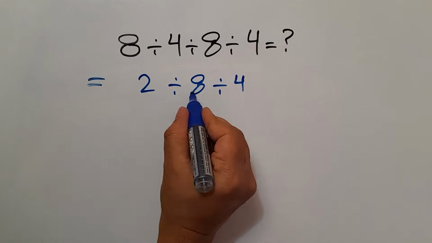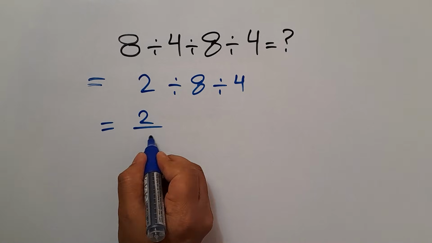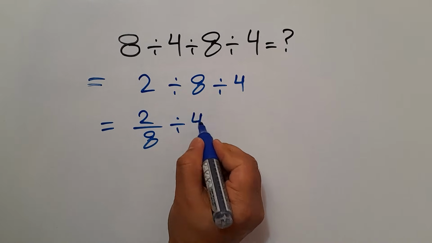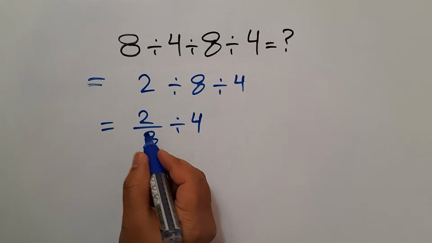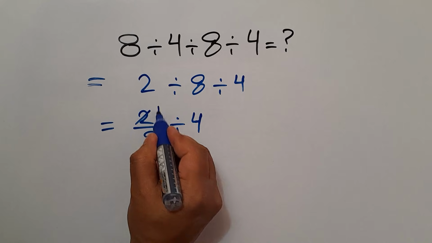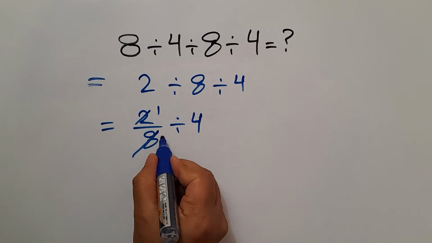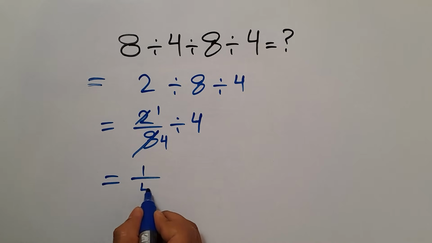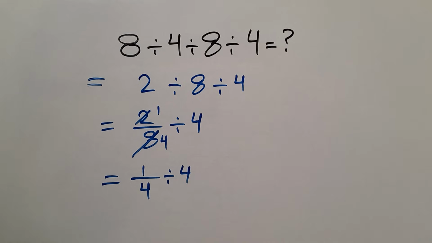Now, 2 divided by 8 can be written as 2 over 8 and divided by 4. Let's simplify this fraction. 2 divided by 2 gives us 1 and 8 divided by 2 gives us 4. So we have 1 over 4 then divided by 4.